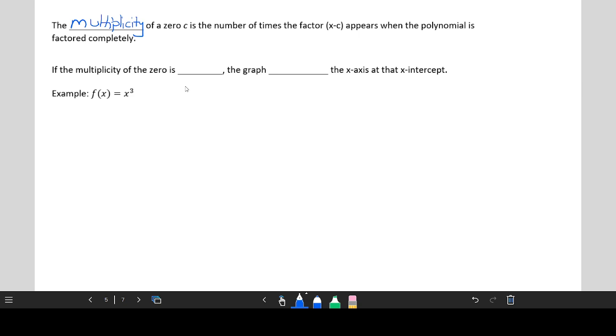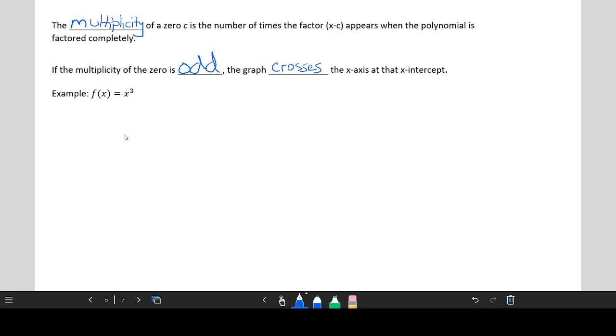So what we can do is look at whether that multiplicity is odd or even, and that tells us what happens at that x-intercept. So if the multiplicity of the 0 is odd, then the graph crosses the x-axis at that x-intercept.